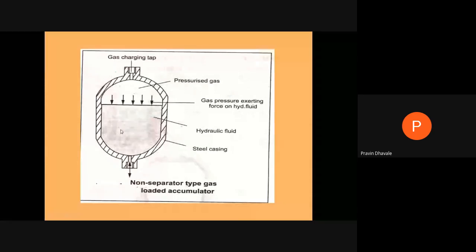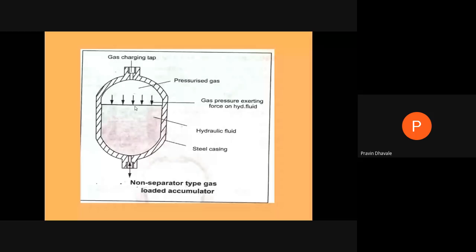Whatever the hydraulic fluid is stored in the accumulator has a certain pressure that is exerted by the gas, which is the gas loaded accumulator.